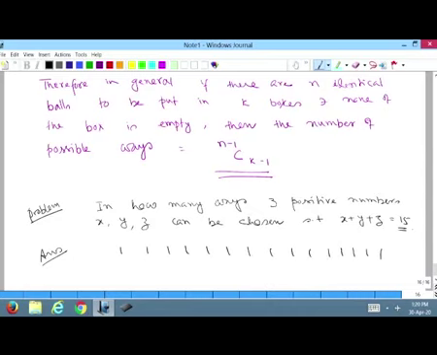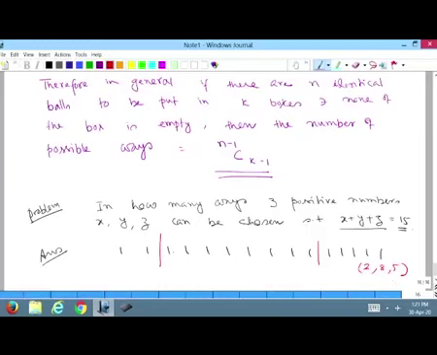We may consider them to be identical ones because they are the same. Now, I have to find three numbers such that their sum is 15. I can arbitrarily choose two lines in the 14 gaps, and that gives me a partition 2, 8, 5.